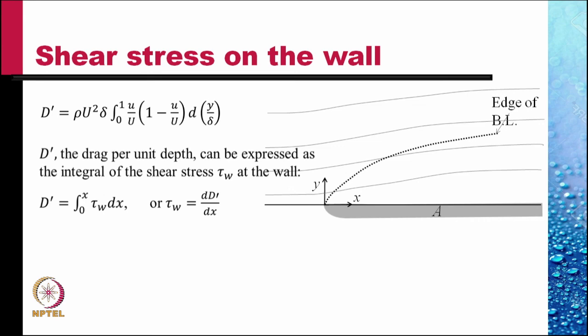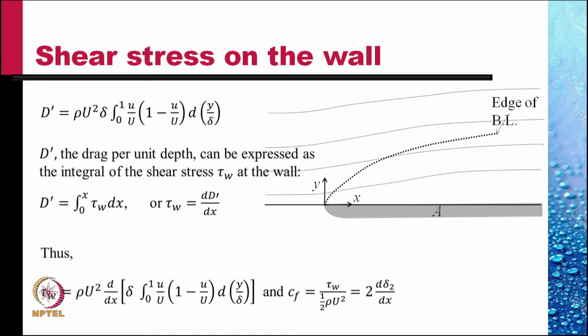And since D prime is now in terms of the momentum thickness, the shear stress is obtained as the derivative of the momentum thickness. Thus, we obtain Cf as twice the derivative of momentum thickness with respect to x. This result will be used shortly to obtain interesting results by a much easier method than was used by Blasius.